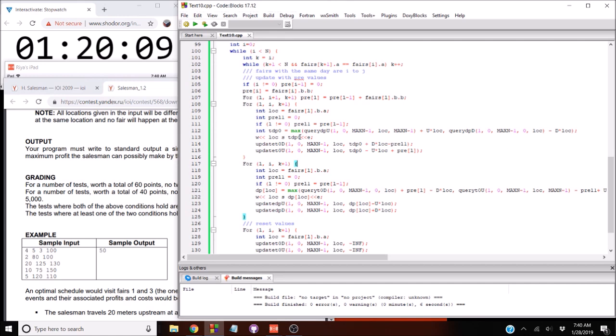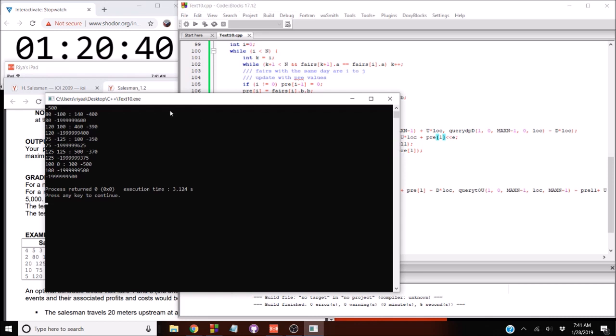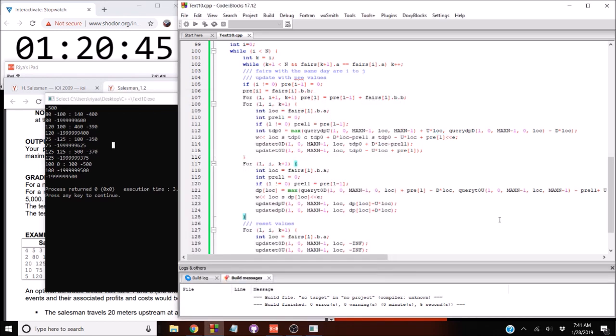Okay, let's just print out the values that I'm changing it to. These are also looking like decent values to be changing it to.